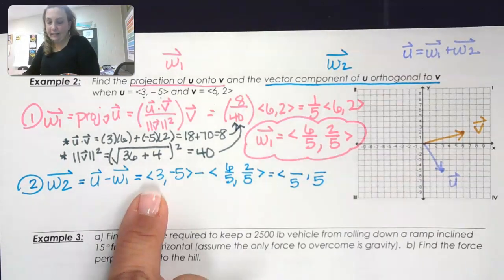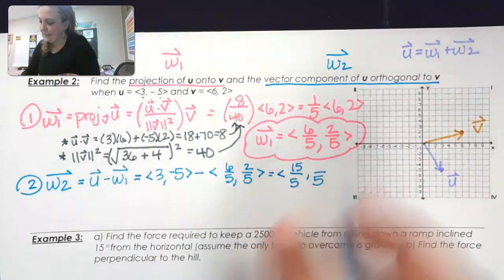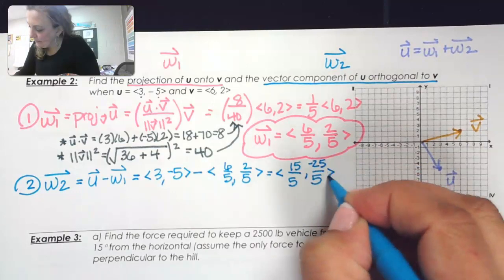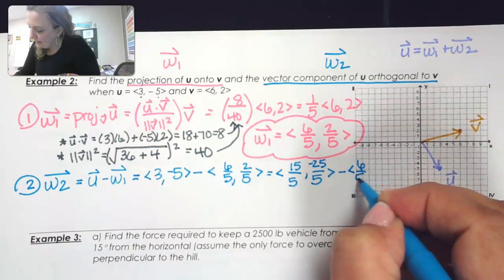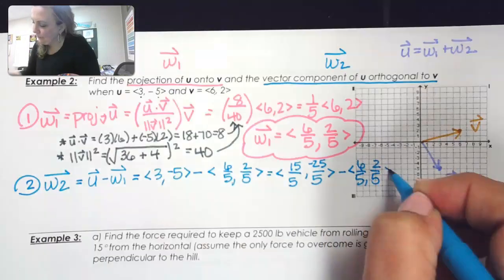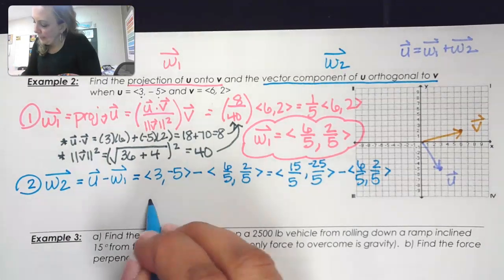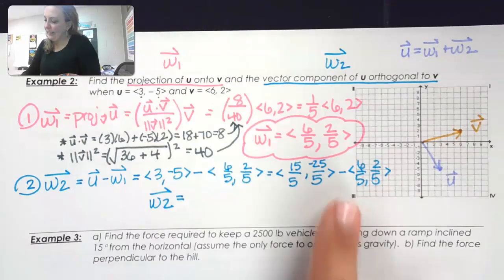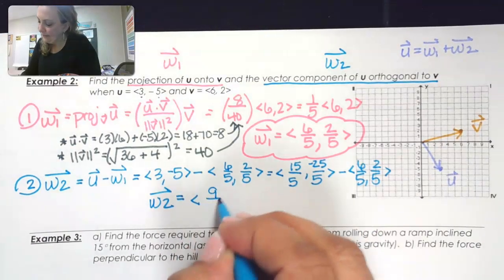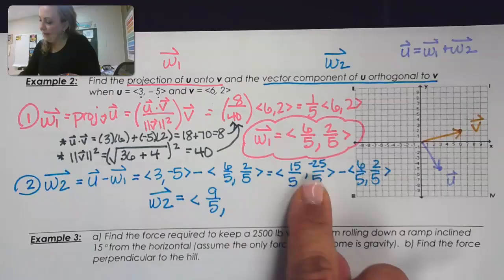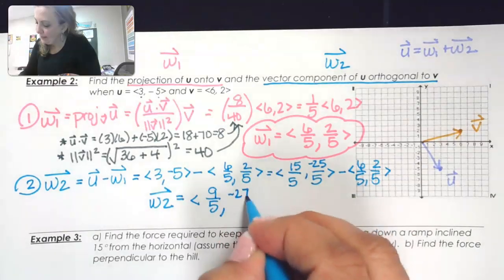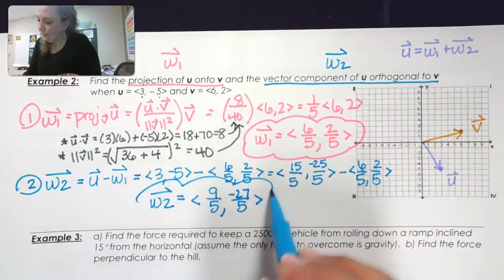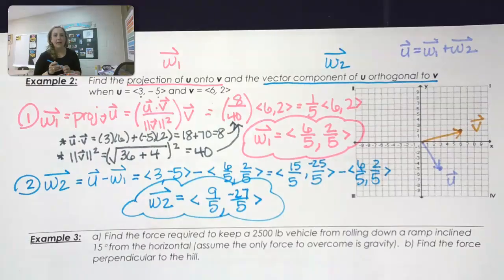So 3 is the same as 15/5. -5 is the same as -25/5. And then minus 6/5, 2/5. So I can simplify that pretty easily. 15/5 minus 6/5 is 9/5. And -25/5 minus 2/5 is -27/5. And there's my W2. Okay?